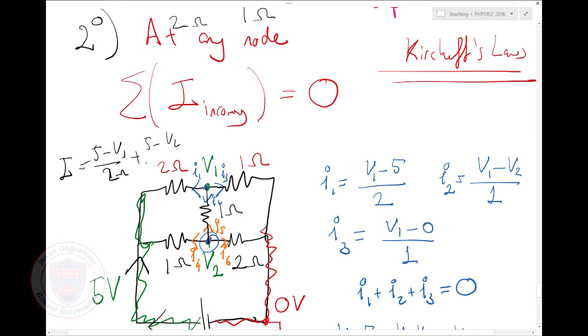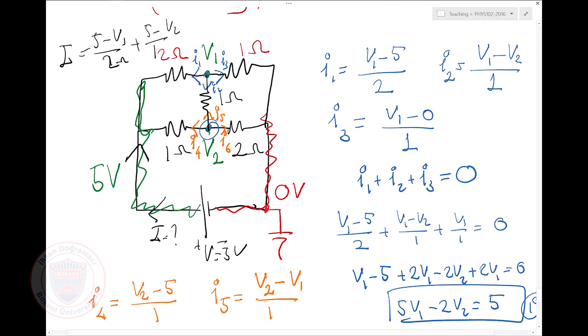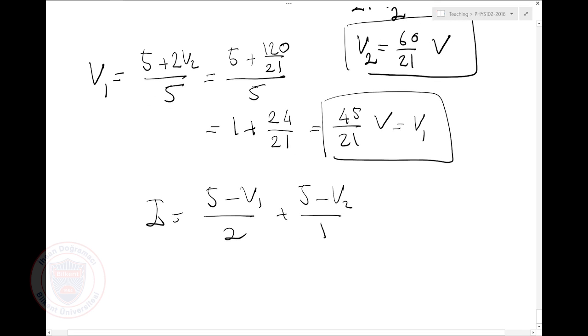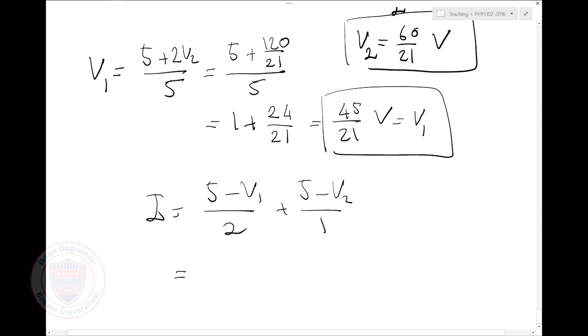I'm sorry, this is 2 ohm and this is 1 ohm. Just putting everything together, 5 minus 45 over 21 over 2 plus 5 minus 60 over 21. Now I think there is another 2 here.